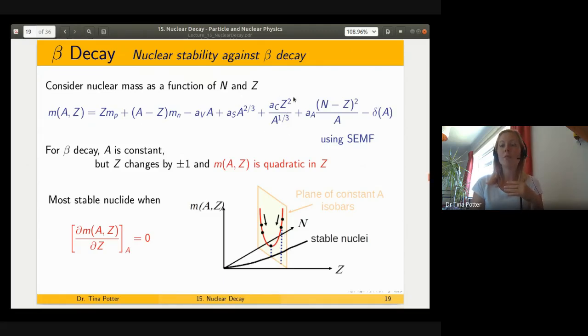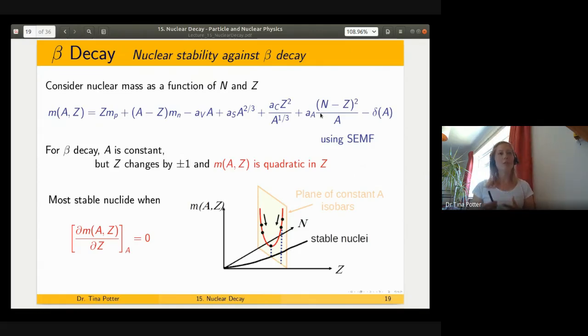But our Coulomb term, our asymmetry and our pairing term will be affected. Our pairing term is completely empirical anyway, but both of these terms depend on Z squared. We've got terms that depend on Z, and we've got terms that depend on Z squared. So the mass of a nucleus, before and after it undergoes beta decay, is quadratic in Z.